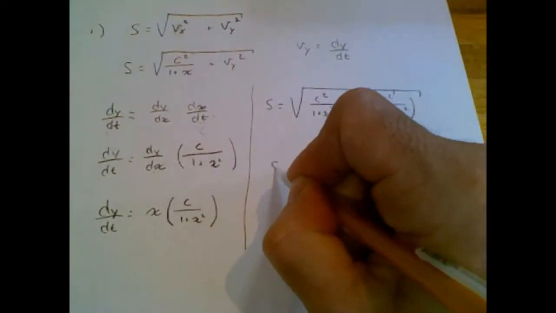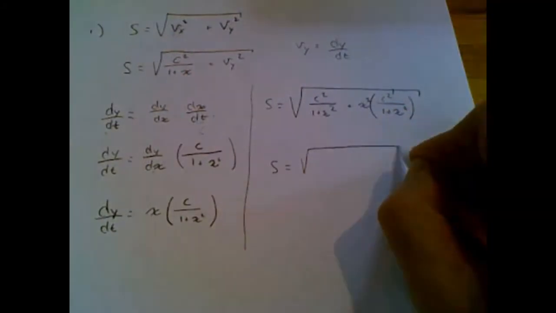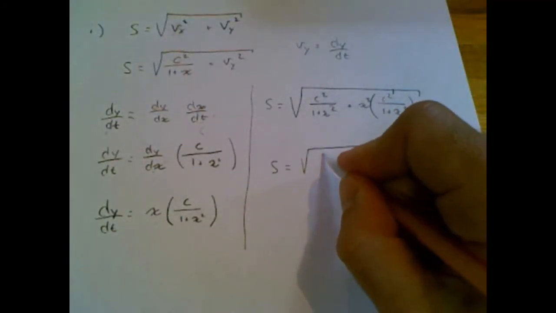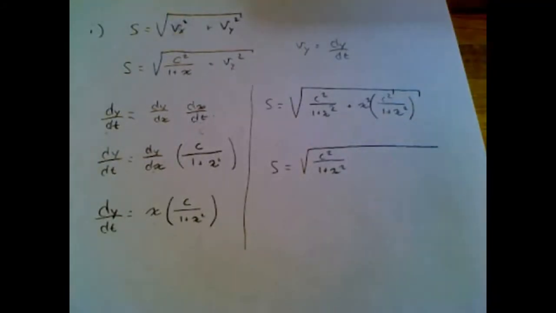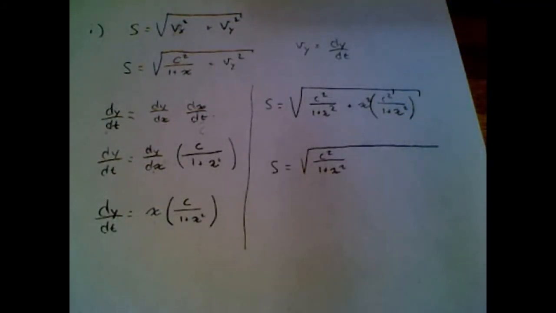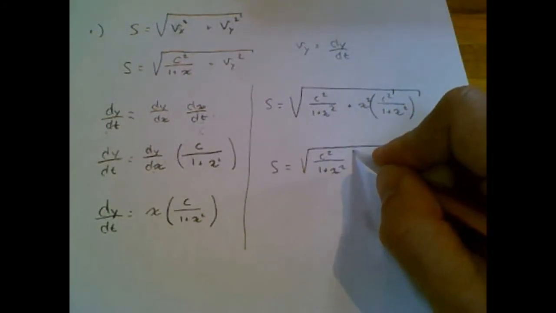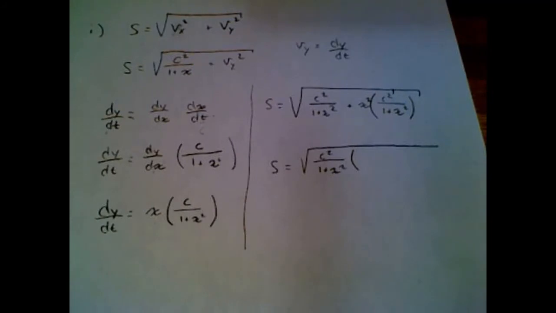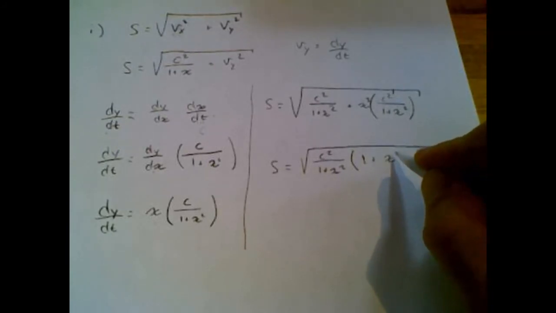So now I have speed equals, this is all in the square root, c squared over 1 plus x squared times, all right, let's do that math right, 1 plus x squared.